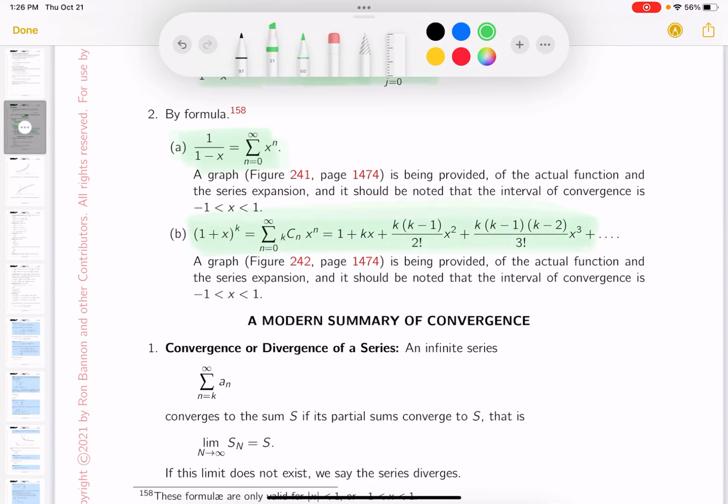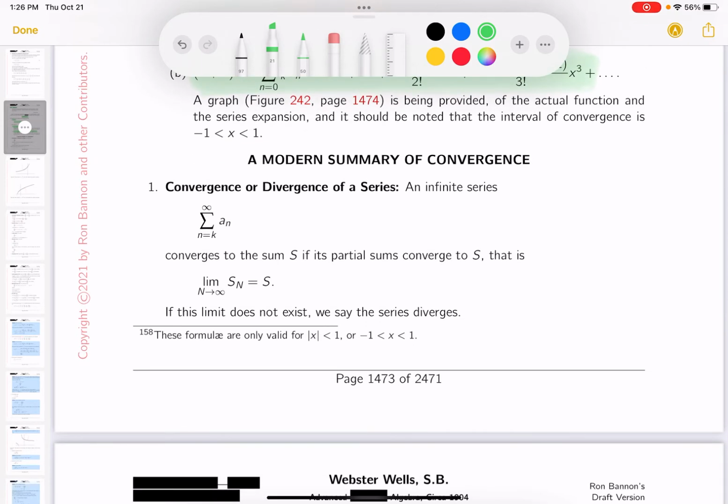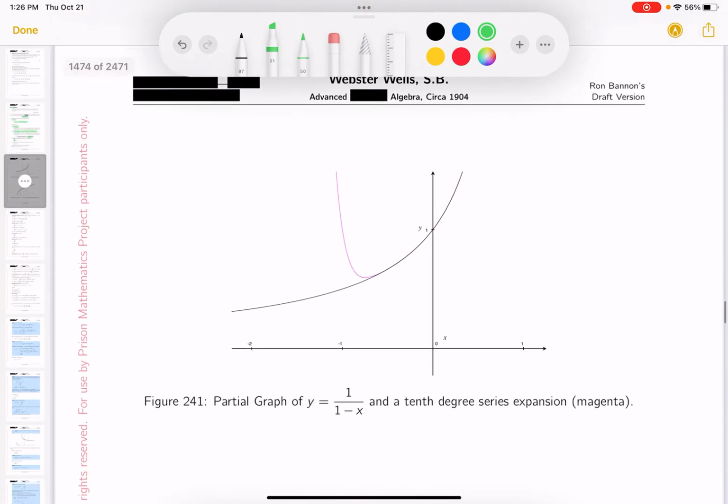Like you might say, I can't remember. You look back over your notes. Then I give a summary of convergence. All right? And, I'm going to say that we would love for you to read through this. All right? And certainly when you're doing the homework, you might have to look back over it. All right? Convergence, divergence of a series. It's an infinite series, by the way. All right? Talking about nth partial sums, things like that. Again, we'll go through examples, but again, part of it is just reading.